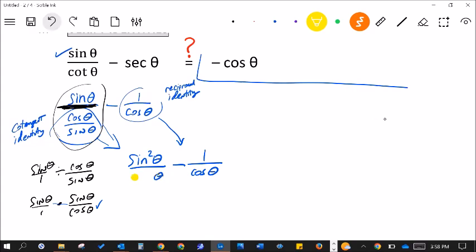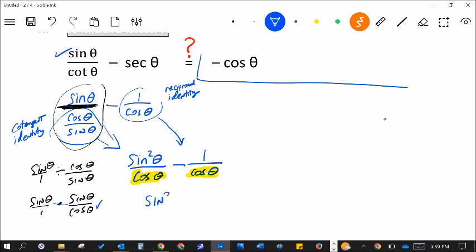We have the same denominators now. Because they're the same denominator, that means we can add the tops of the fractions.